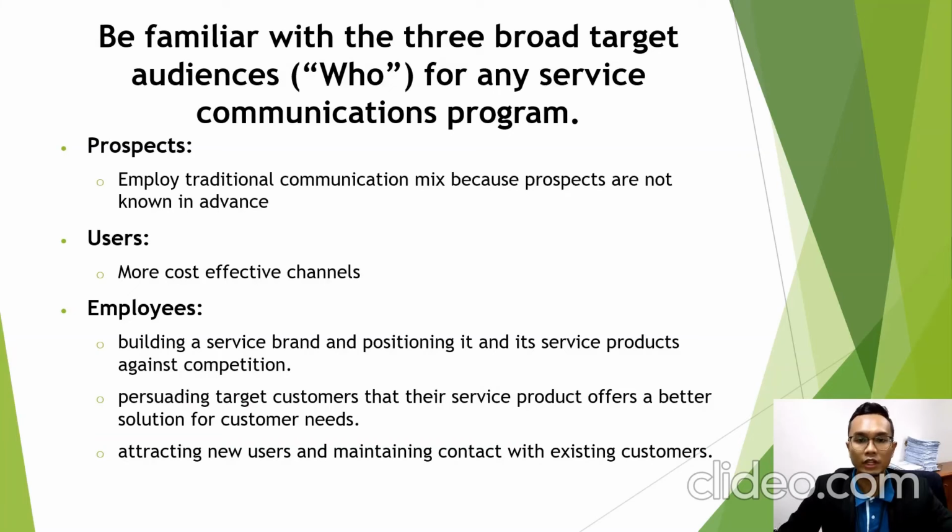First, be familiar with the 3 broad target audiences, which is the who, for any service communication program. We are trying to involve these 3 types of who, that we want to serve with our service.